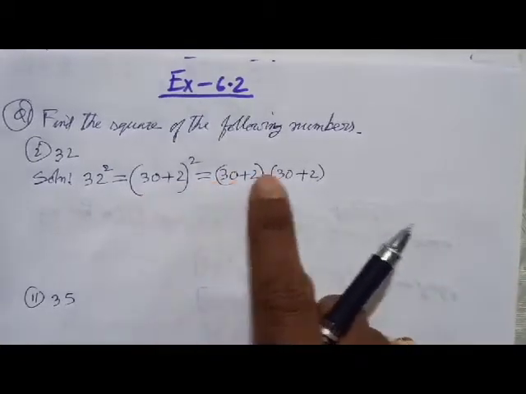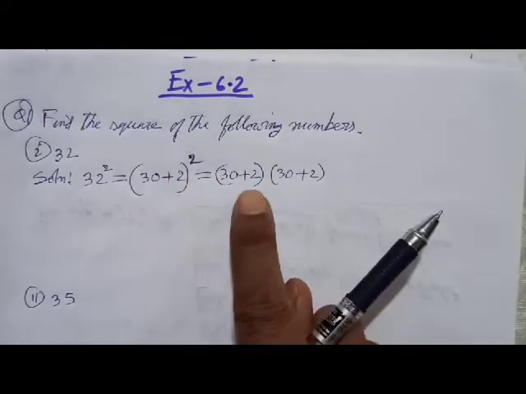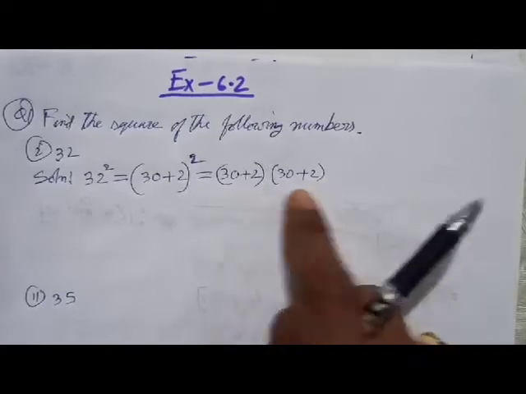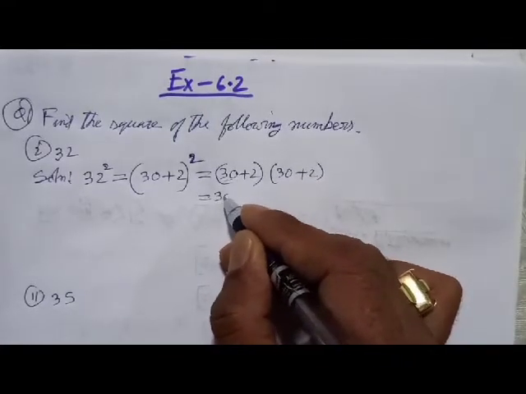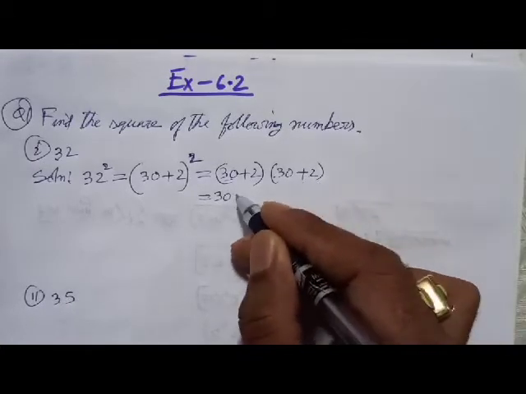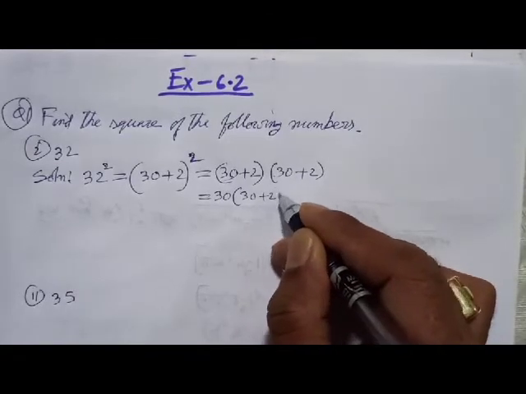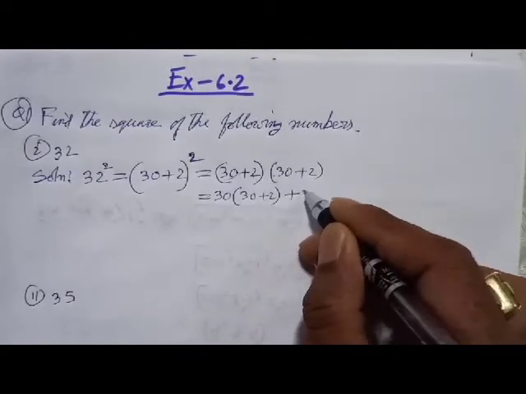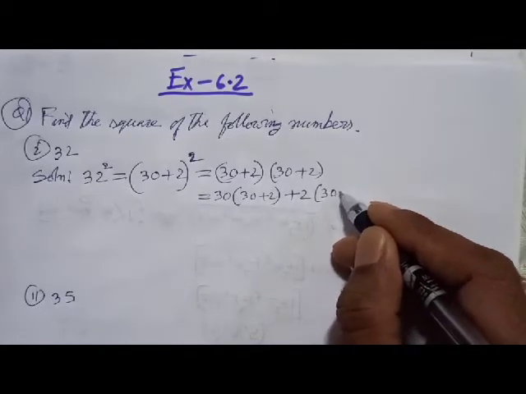Here we multiply each number of the first bracket with the second bracket, using the distributive law.